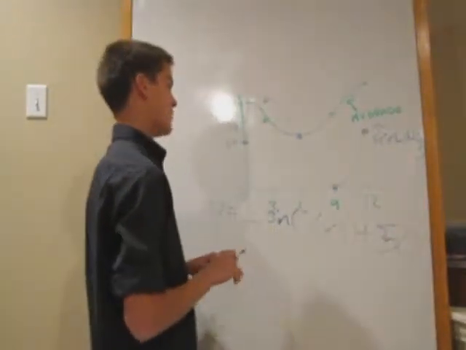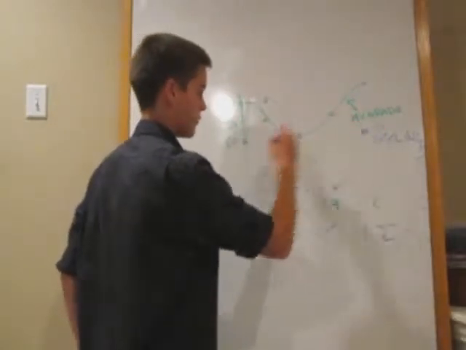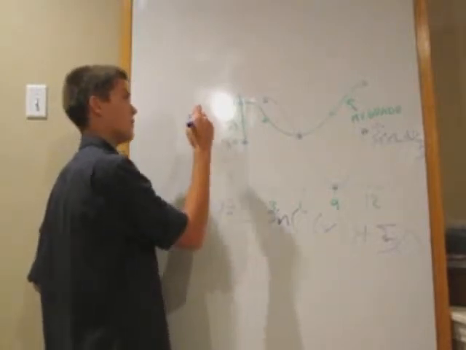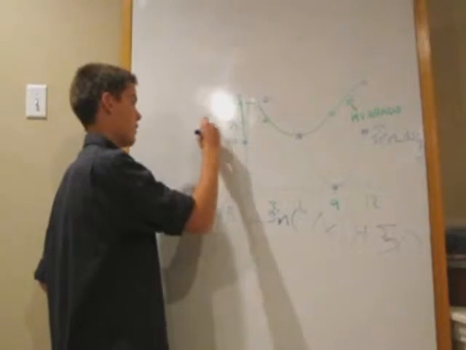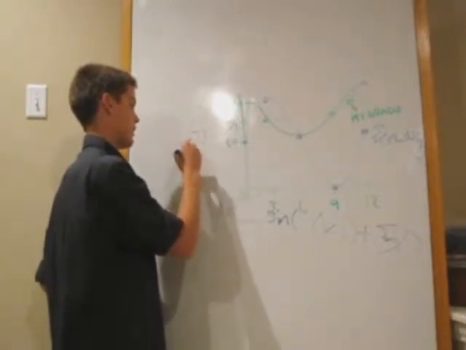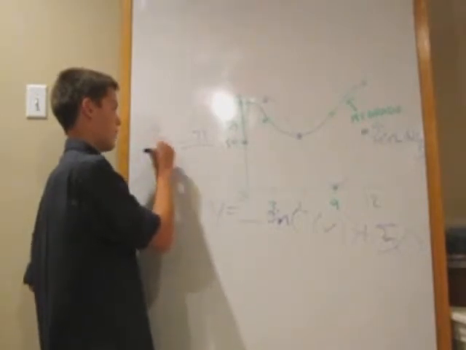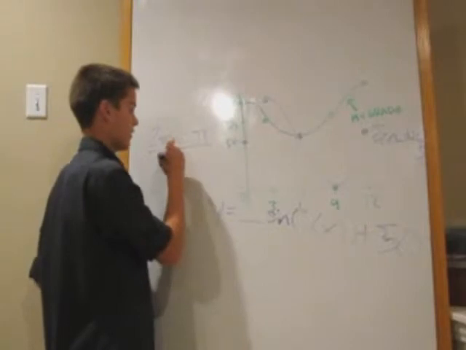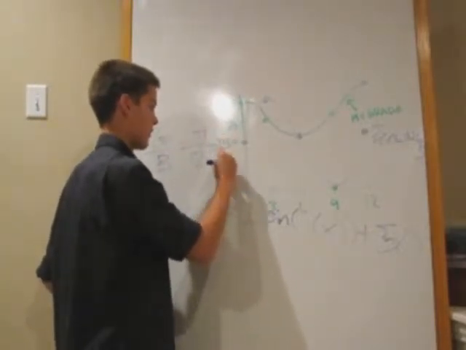And then our b value would be, we know our period is 12, same as the last graph. So to find our b value, we would use 2 pi over the new period, because to find the period we use the equation 2 pi over b. So you can just interchange the two. So 2 pi over 12 equals pi over 6.